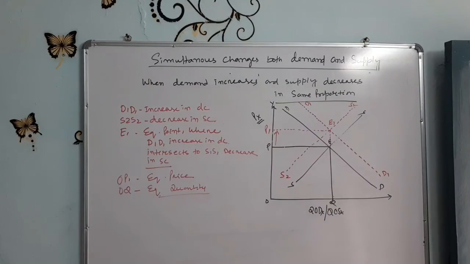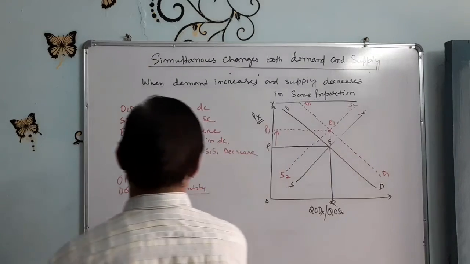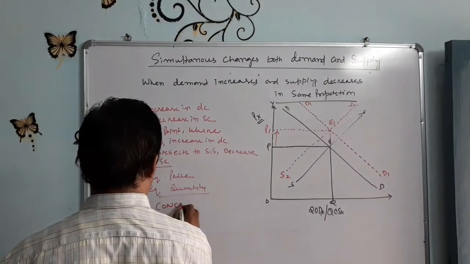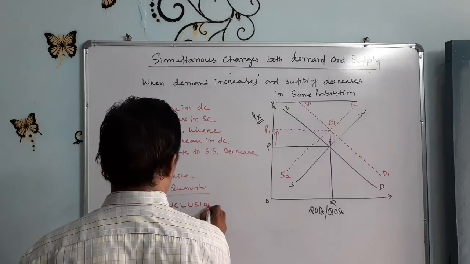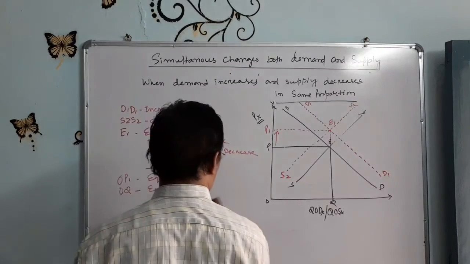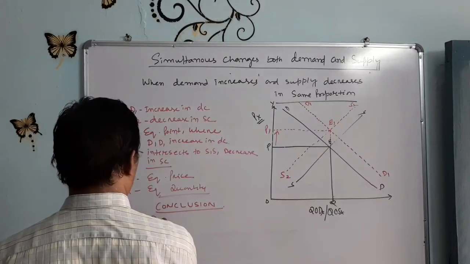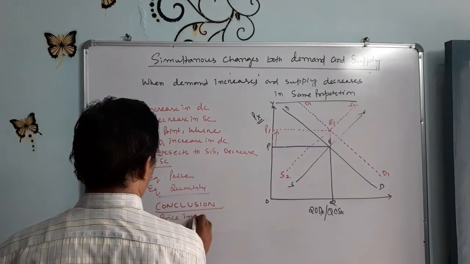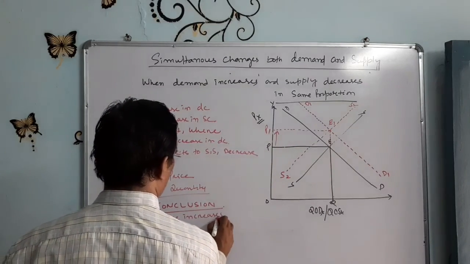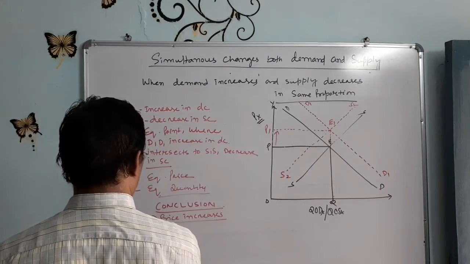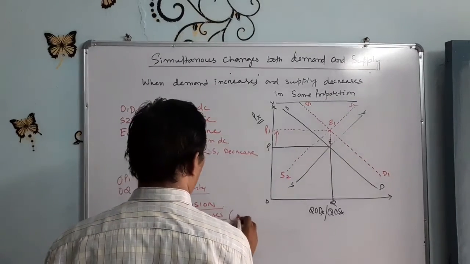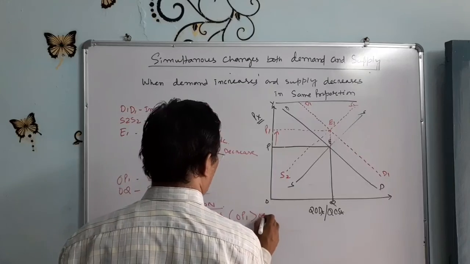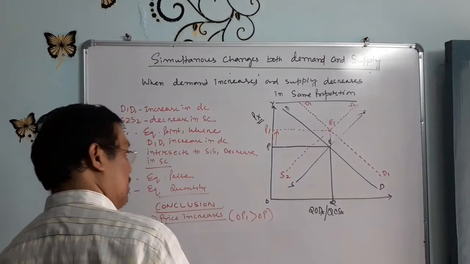So the conclusion we may write here: one, price increases, as OP1 is greater than OP as per our diagram.